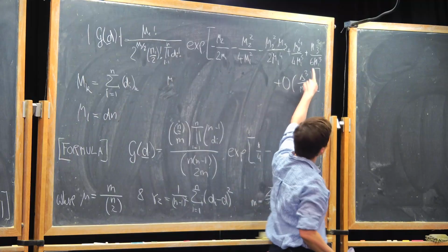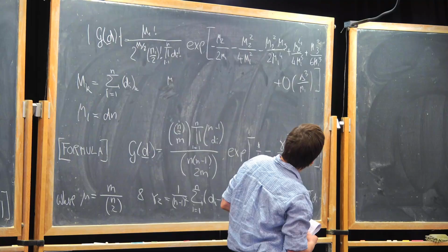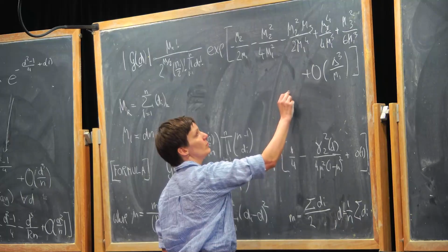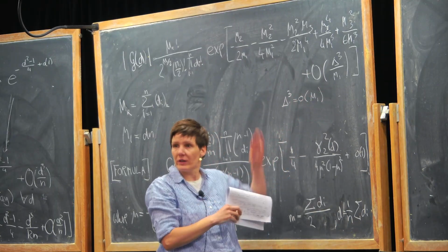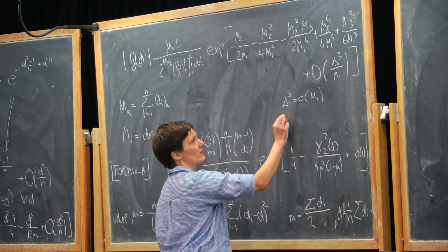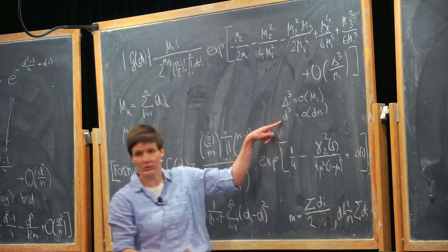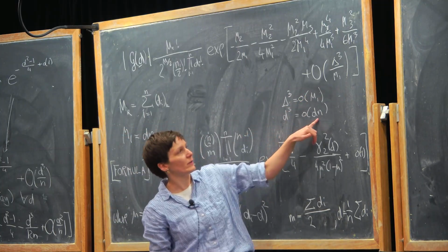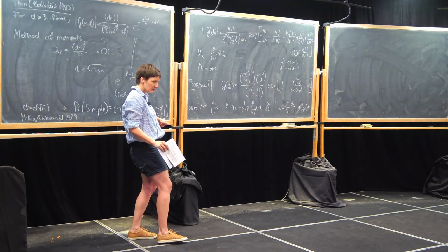It's only small if delta cubed is little o of M1. I mean, you're assuming that you're in that range. And if you have a regular graph, then that is just D cubed is little o of dn. That's what this defaults to for D-regular. So that is like D squared over n, which is this error term here. Does that make sense?